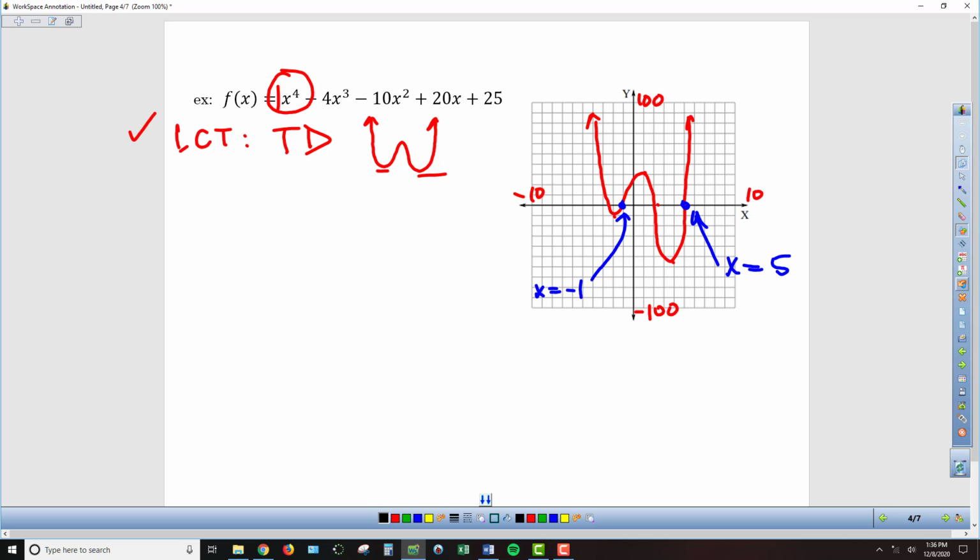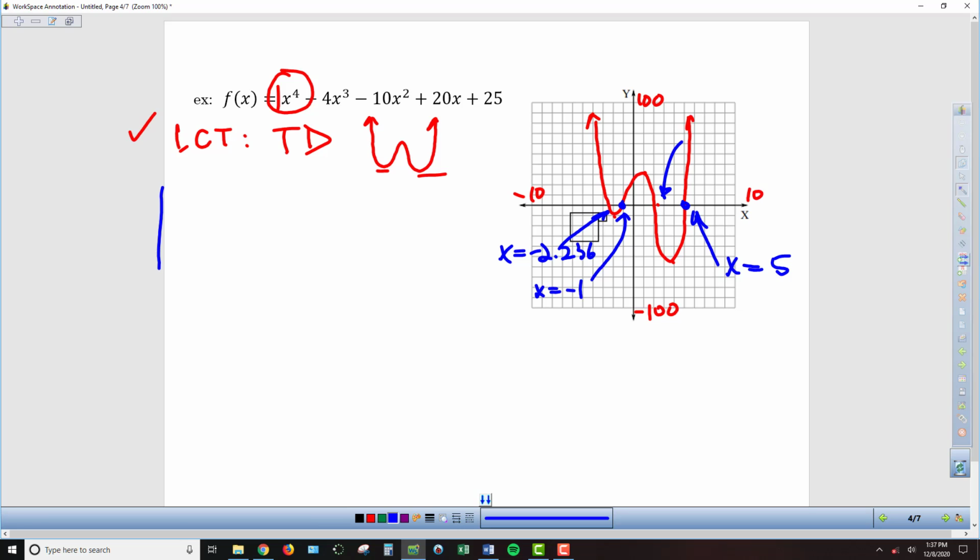Those are the 2 zeros that we're going to use via synthetic division to get us from a polynomial that is a fourth degree, x to the fourth is the highest exponent, and knock it down to x squared so that we can then use some quadratic techniques, whether that's factoring or completing the square or square roots, as is most likely, to find what those two zeros are at the negative 2.236 and positive 2.236. We want to know what that exact value is.